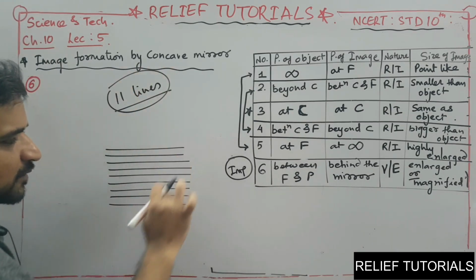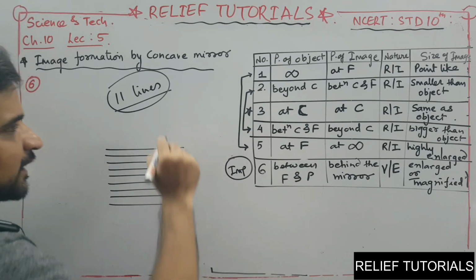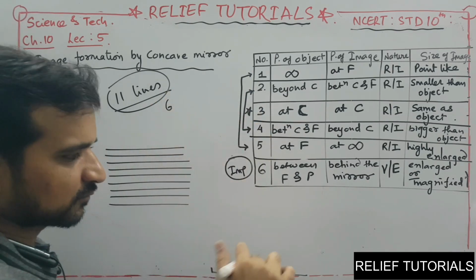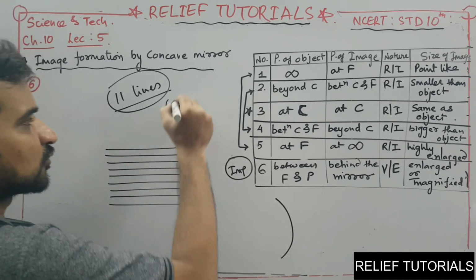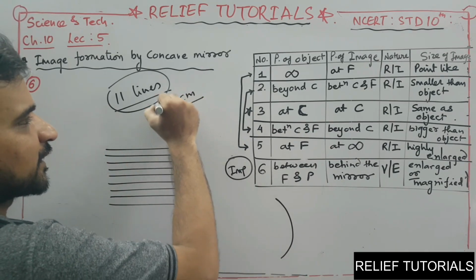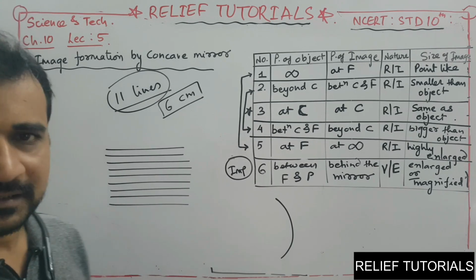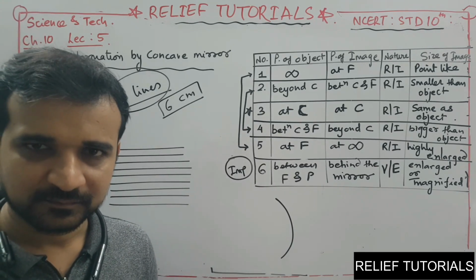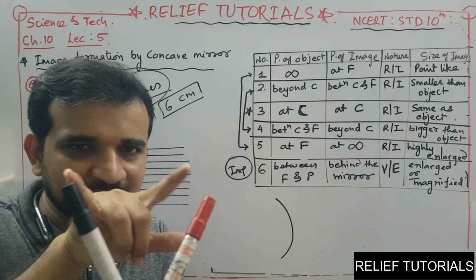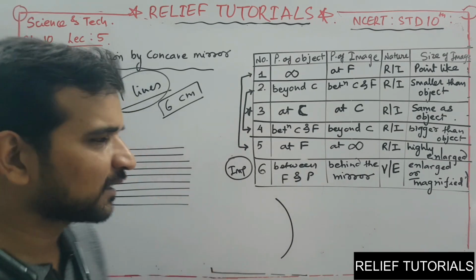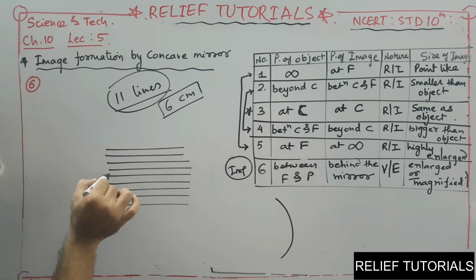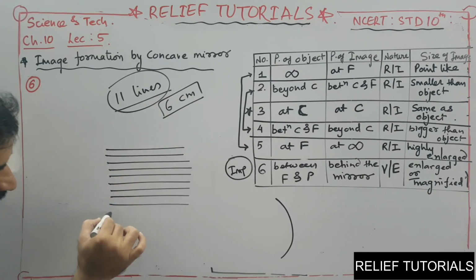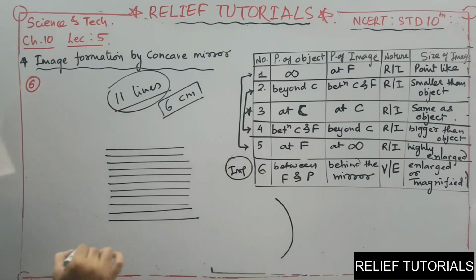The height of the mirror should be 11 lines, and to draw the curve you have to use the rounder. Take a 6 centimeter radius between the point of the rounder and the pencil, and 11 lines height. Let us say this is 1, 2, 3, 4, 5, 6, 7, 8, 9, 10 and 11.